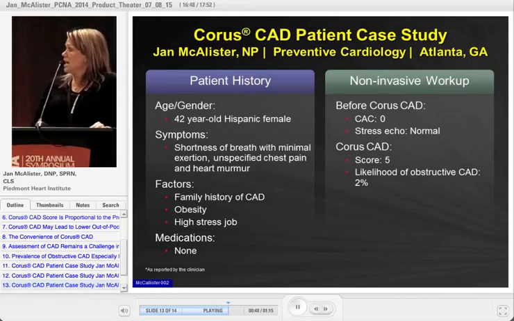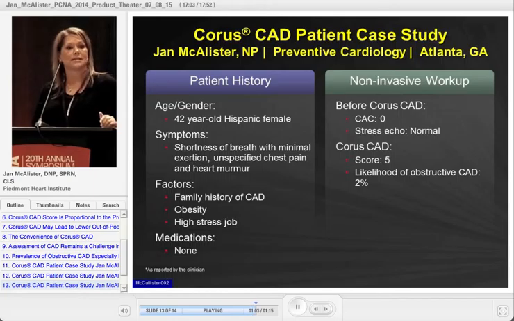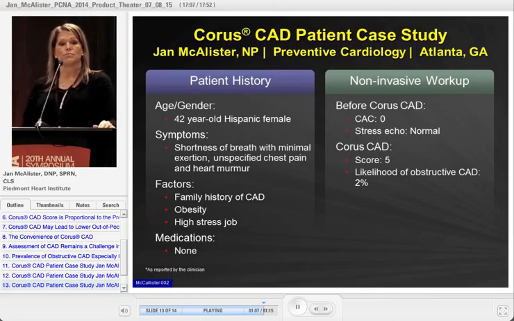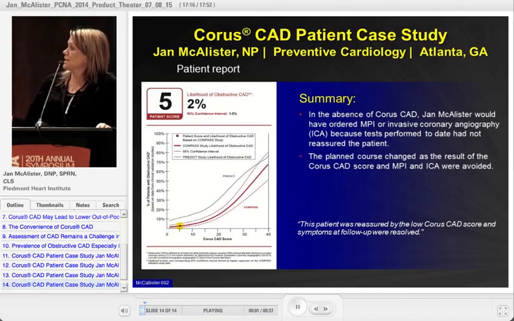So we did a calcium score on her. Her score was 0. Her echo was normal. And she kept complaining of this shortness of breath. So I said, okay, let's just do a Chorus CAD test on you. Let's make sure that there's not obstructive CAD in there that's just not presenting itself typically. So we did the Chorus CAD test.